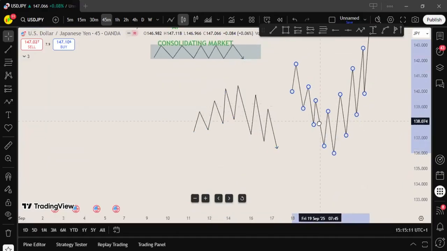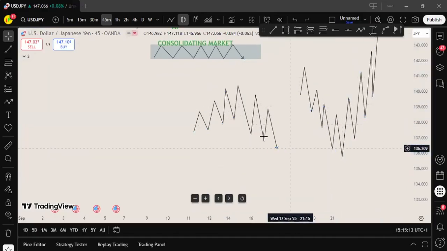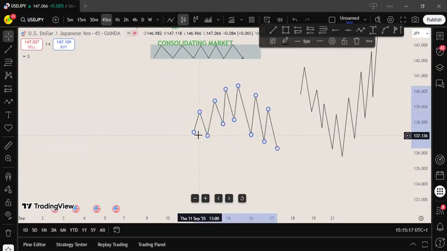Right now, in these two examples, the market is creating a series of higher highs and higher lows.